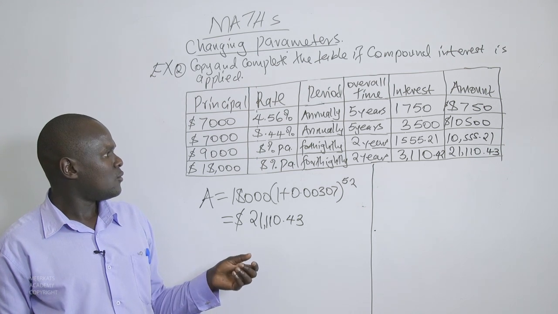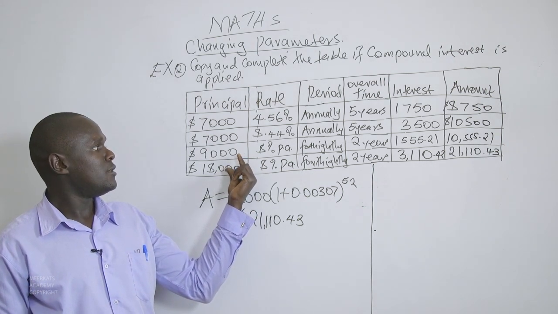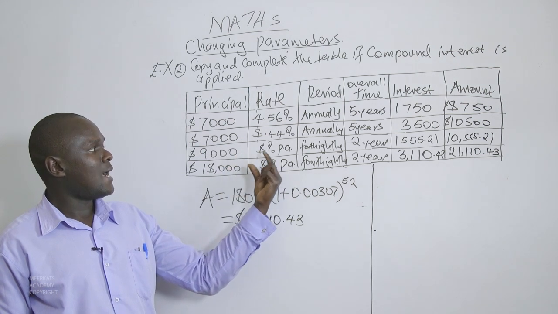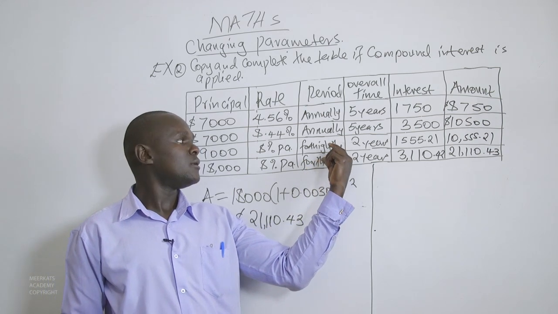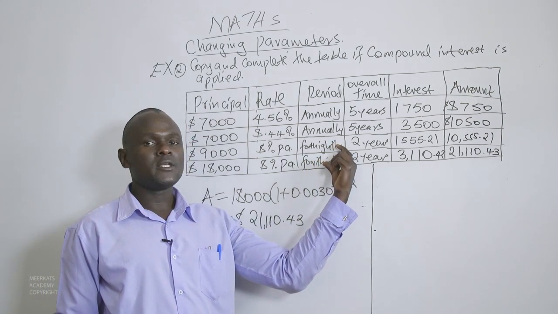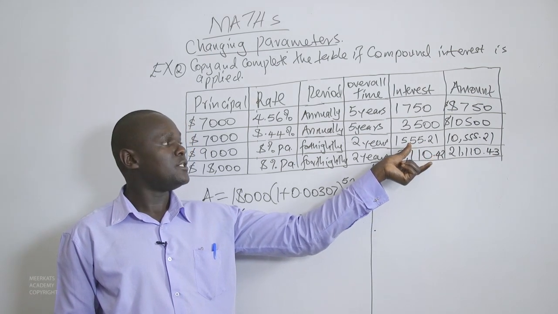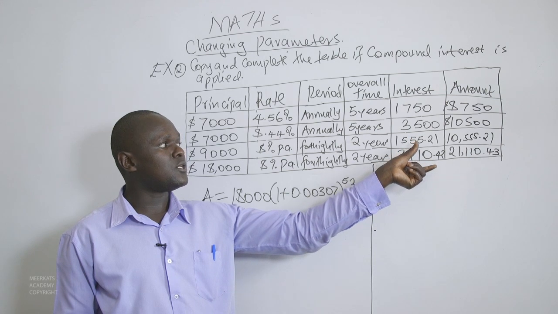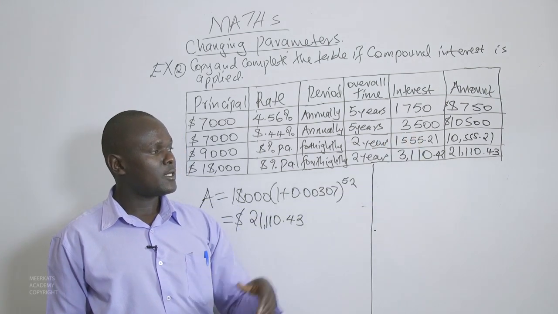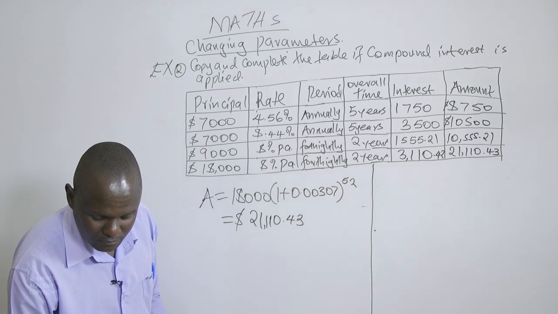Try to compare them. What is happening when the principal amount has been doubled? When the principal amount is doubled and the rates remain constant, compounded through the same periods, you'll discover that the interest is also doubled. This is what we can make as a discovery.